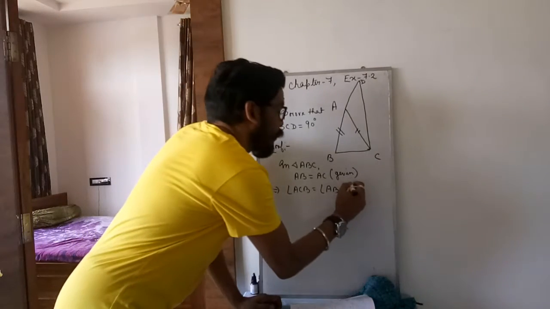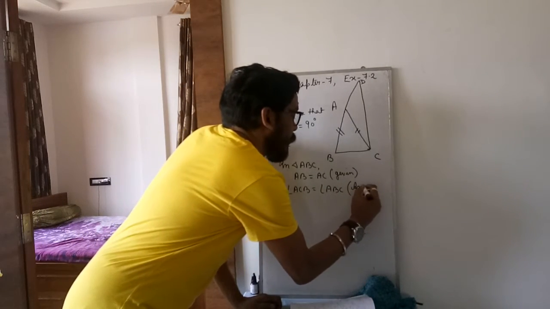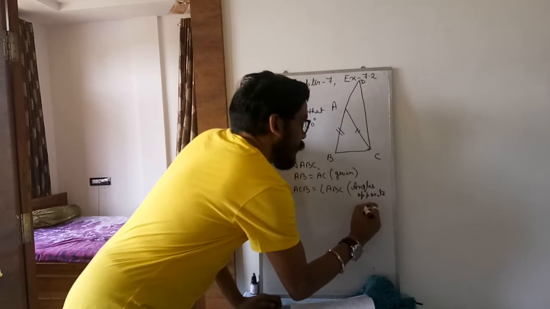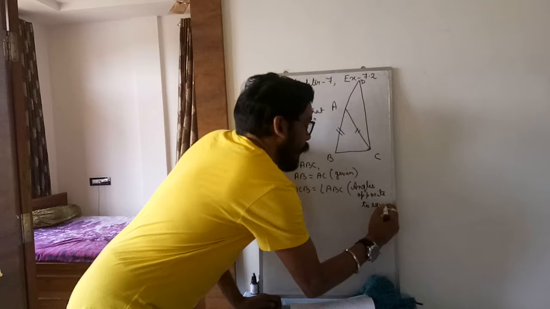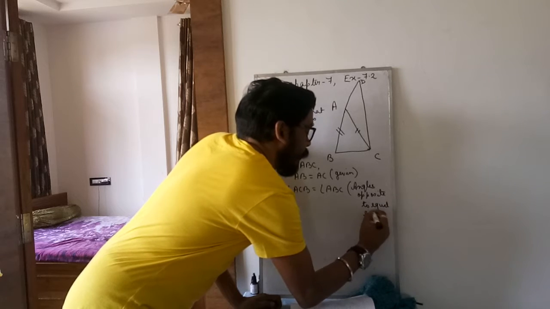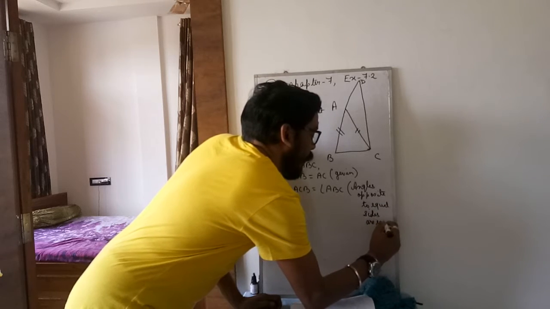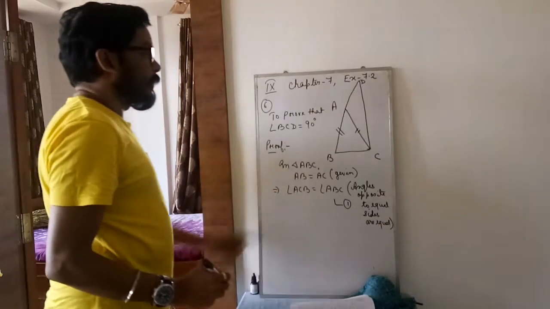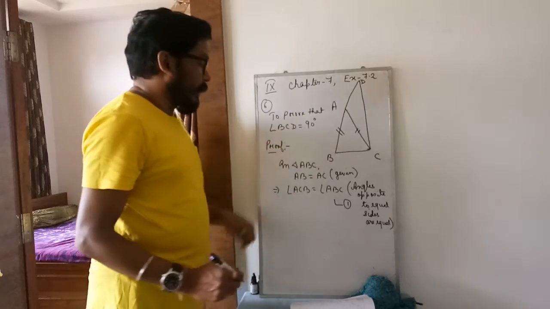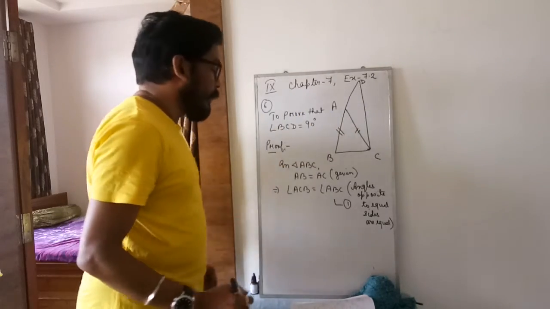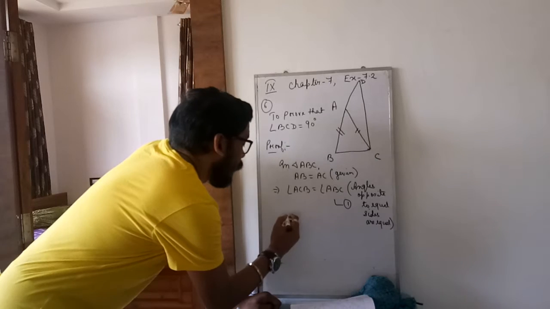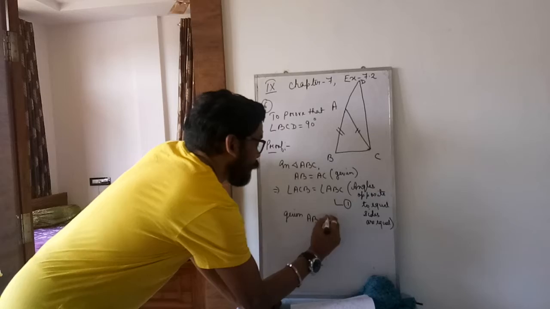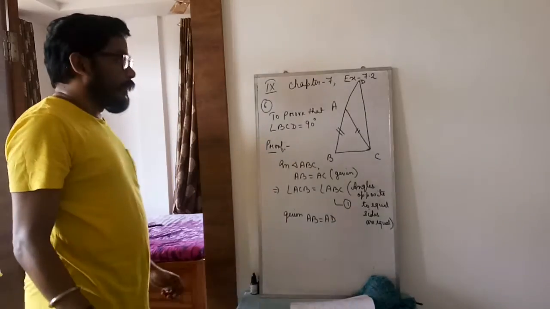Theorem 7.2, you can write here: angles opposite to equal sides are equal. This is equation 1. Then you will write, in the triangle, another one: AB equal to AD, given. AB equal to AD.